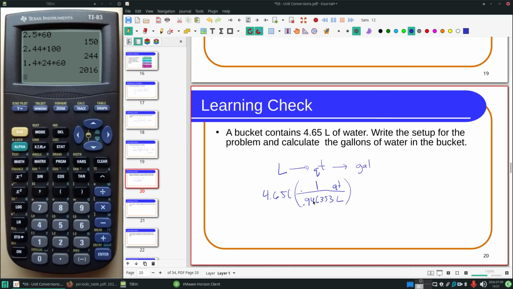Make sure I got that number. 0.946353. Yes. And then quarts to gallons. 4 quarts to 1 gallon. 4.65. Oop, I dropped the decimal.